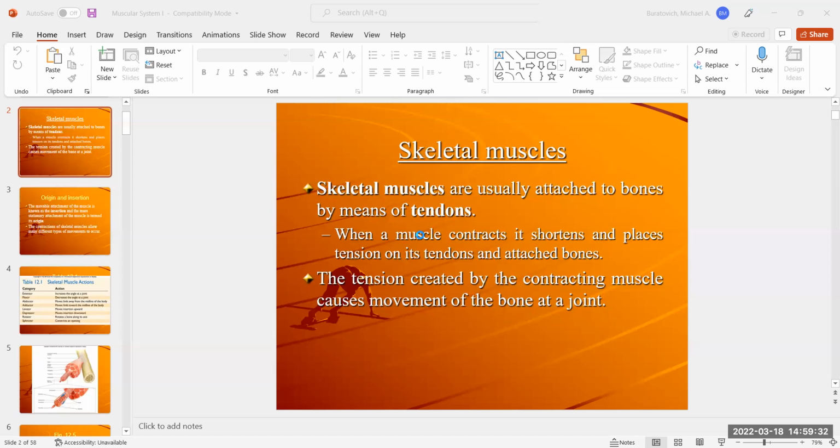So beneath the fascia, you have a series of coverings of the different muscle cells. Each of those muscle cells contains the myofibrils and the repeated organization of those sarcomeres, the zebra stripes. Those are called striations, hence the term striated muscle, striped muscle.